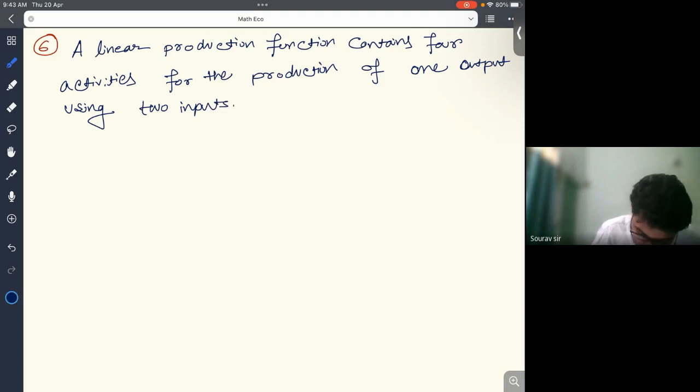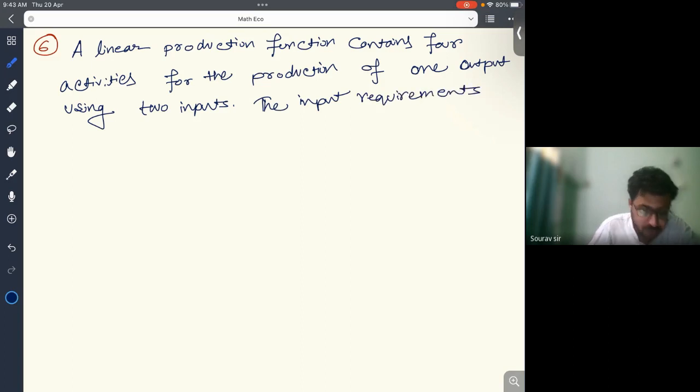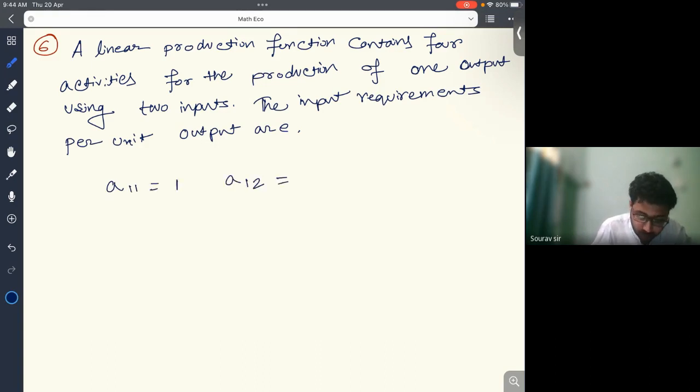So the input requirements per unit output are, they have given the data, that is A11 is equal to 1, A12 is 2, A13 is 3, A14 is equal to 5.